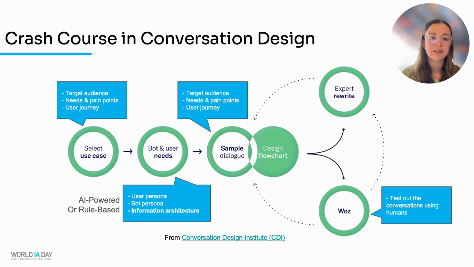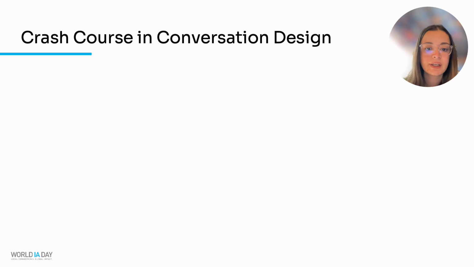And in terms of building, and what I mentioned earlier about information architecture and AI powered chatbots, here I'm just going to comment briefly on the technical parts to make you really appreciate where information architecture comes in.